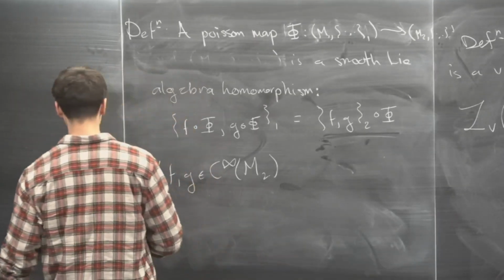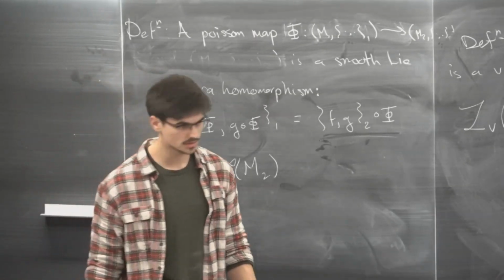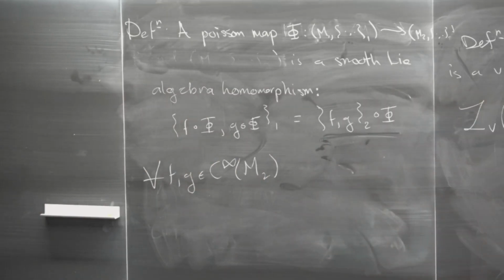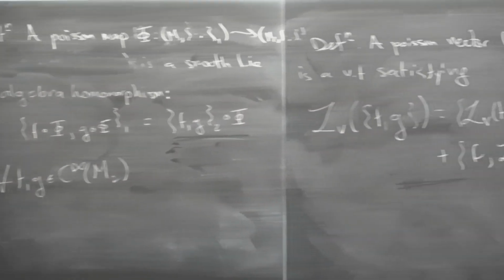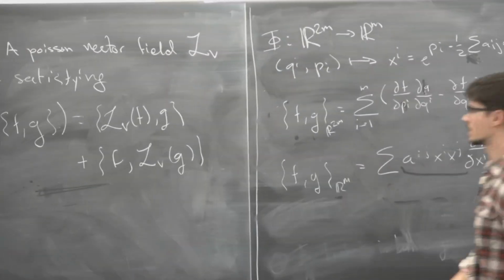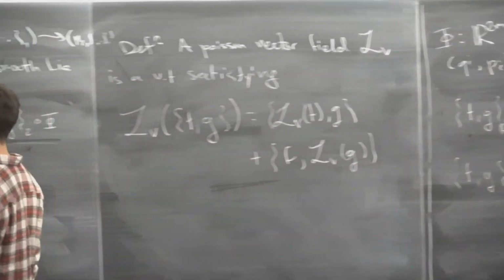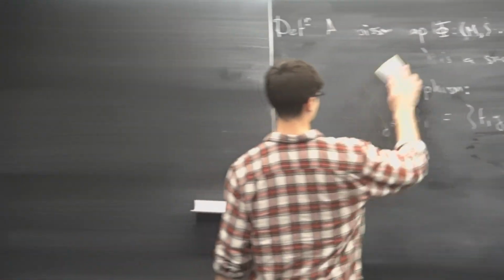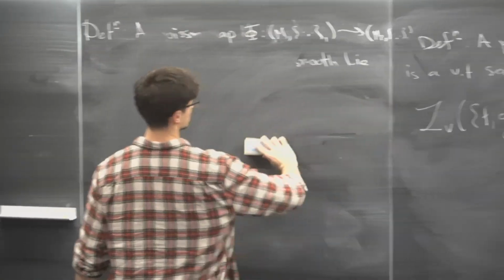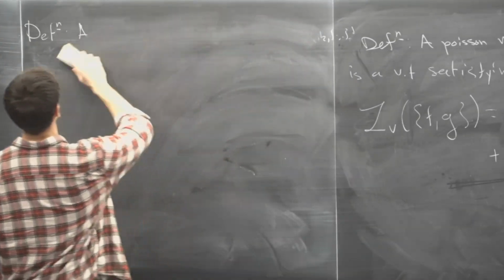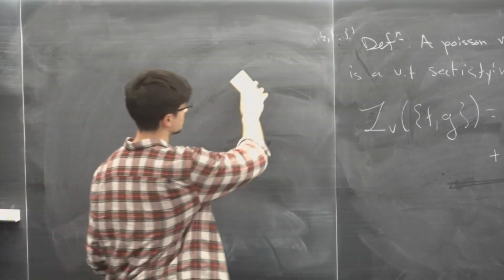So this is all nice, but there's another way that we can look at the bracket. And the way we do this is by looking at polyvector fields.